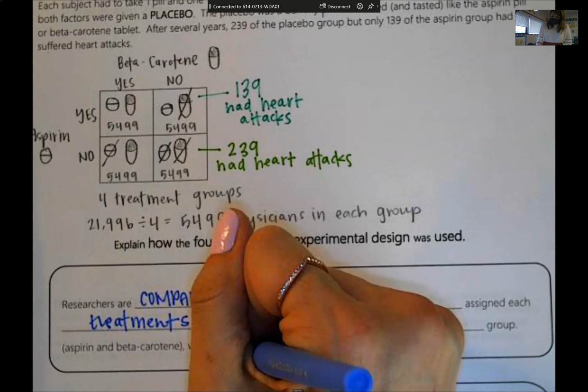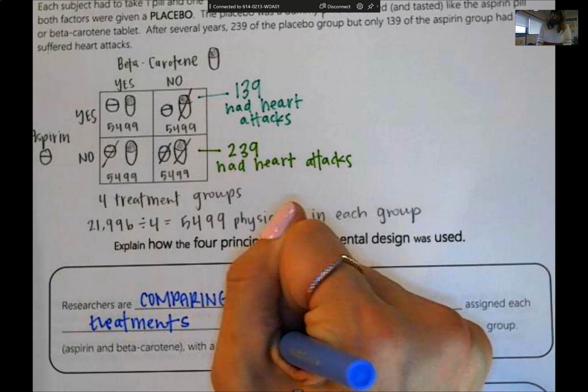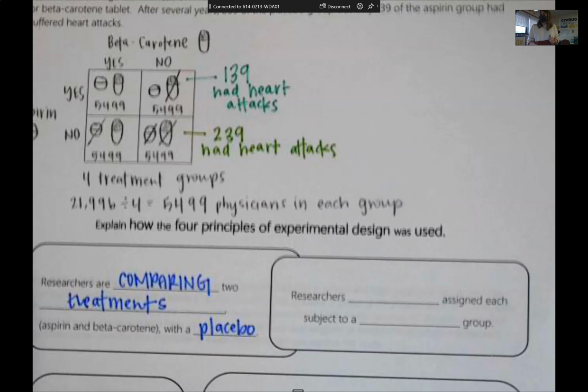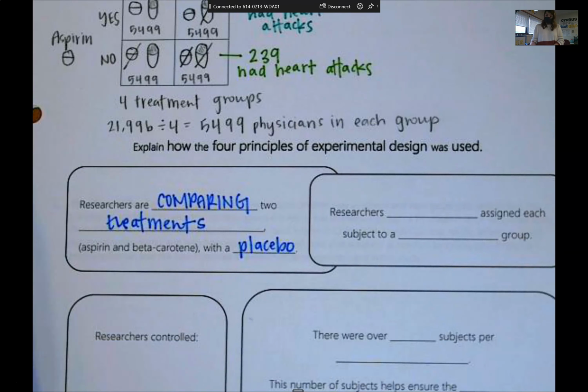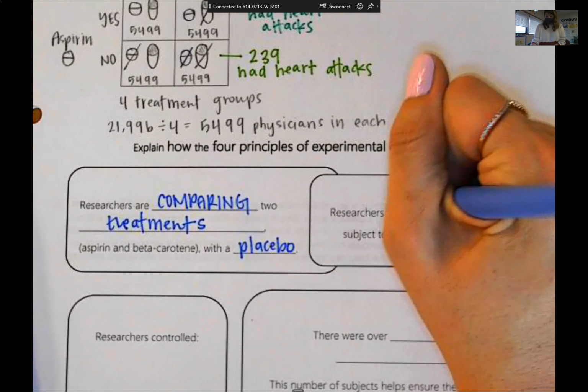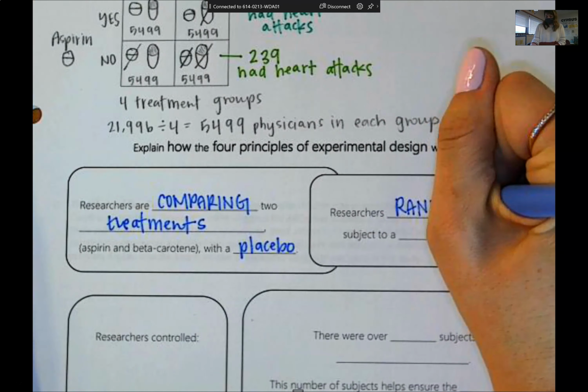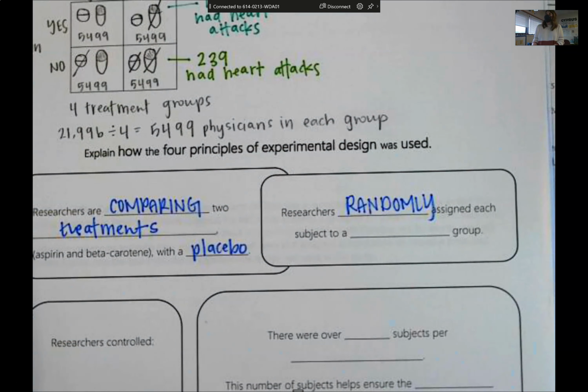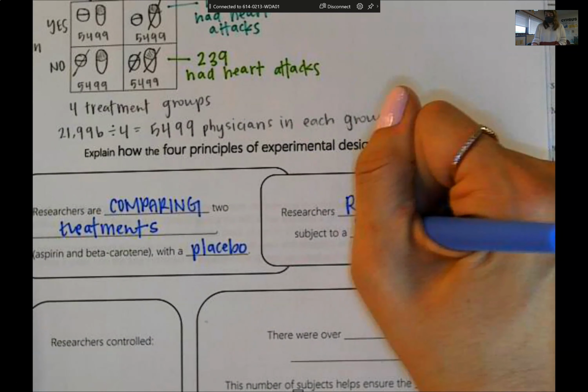And then this blank is placebo. Okay, the next box, researchers randomly assigned each subject to a treatment group.